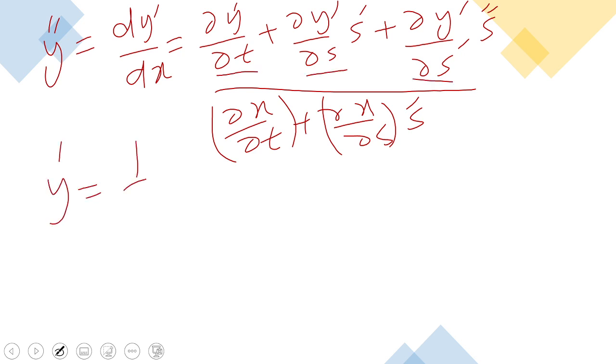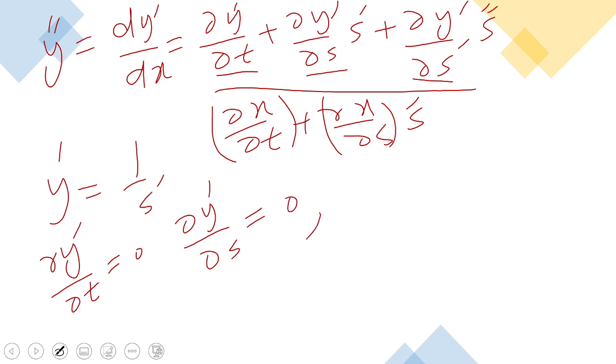Y dash is 1 over S dash. So partial y dash by partial t is 0, partial y dash by partial s is 0, and partial y dash by partial S dash is minus 1 over S dash square. Now I will put these values in this equation.